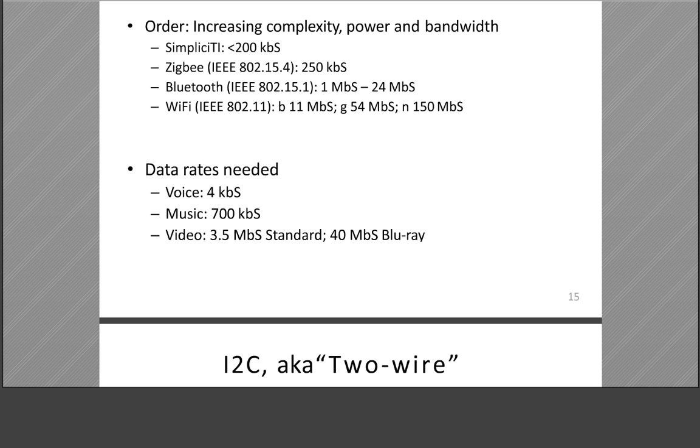He says the rate of sampling in A to Ds or ADCs must be greater than twice the maximum frequency of the signal, the input signal.